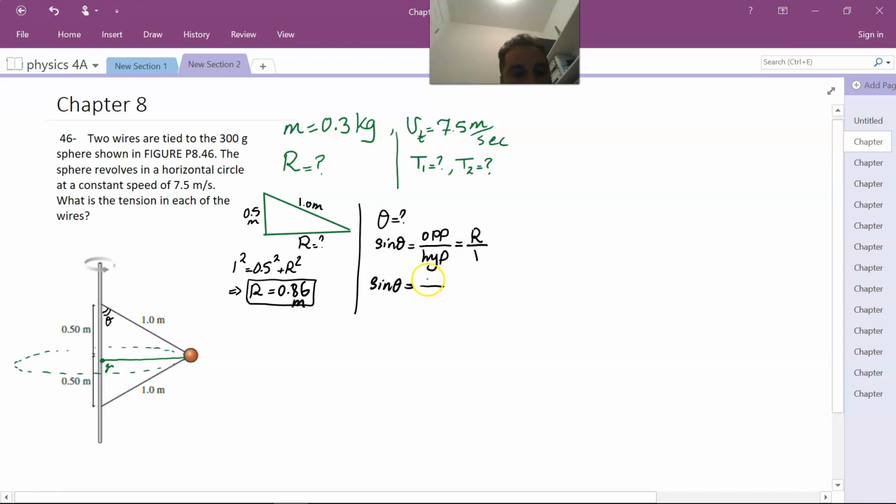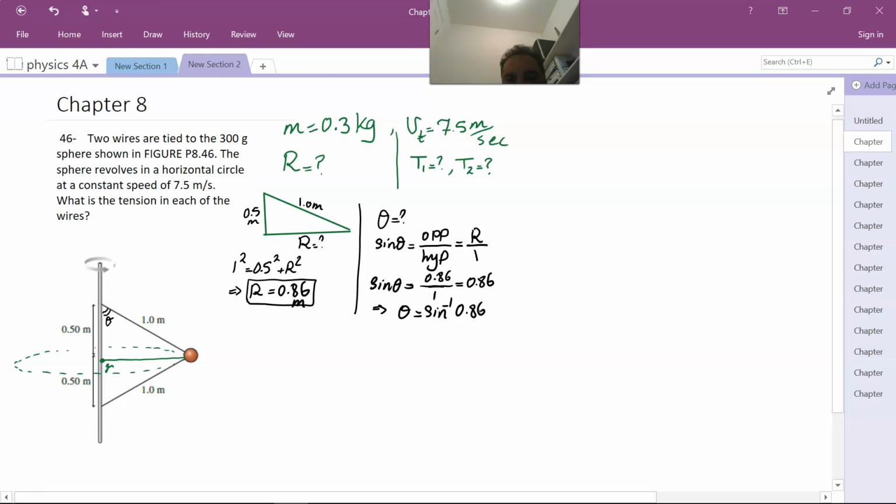We know r is 0.86 divided by 1, so it's 0.86. Therefore, theta will be sine inverse of 0.86. Which, if you do this, sine inverse 0.86.